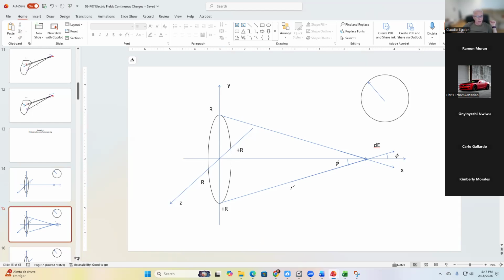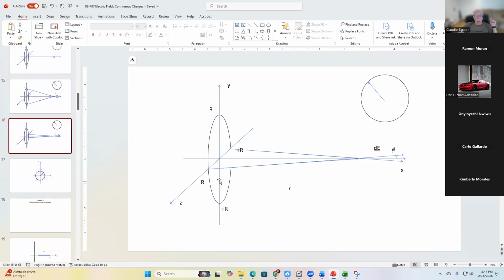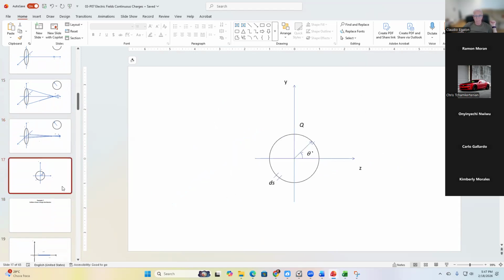Just like we did for the point charge distribution. And the same thing applies for those other infinitesimal charge distributions here. So the net field of this distribution along the x-axis is going to be pointing along the x direction. Okay.